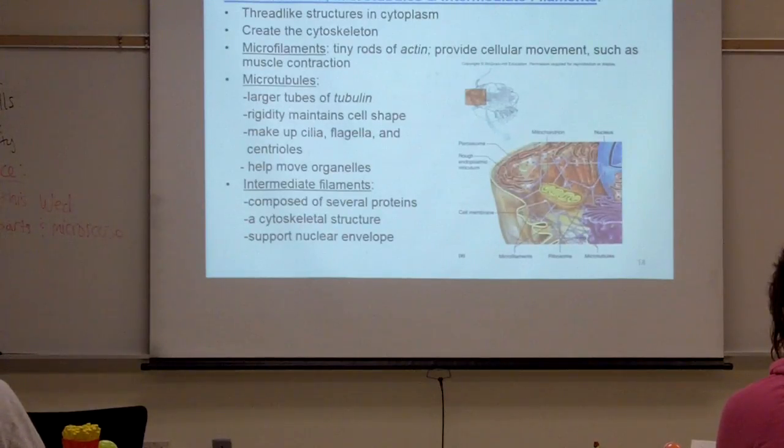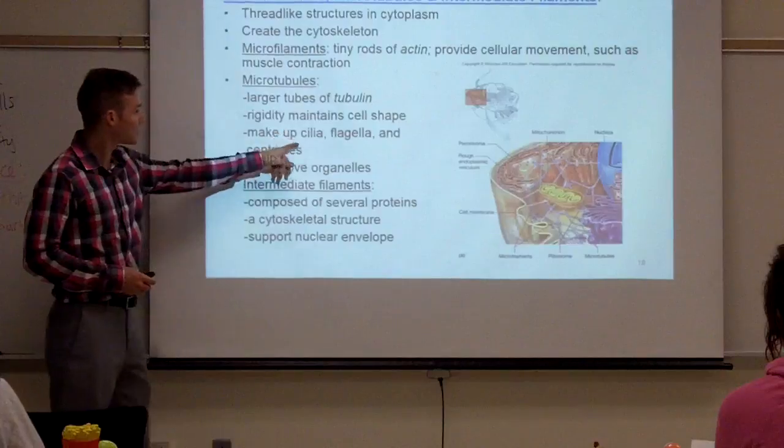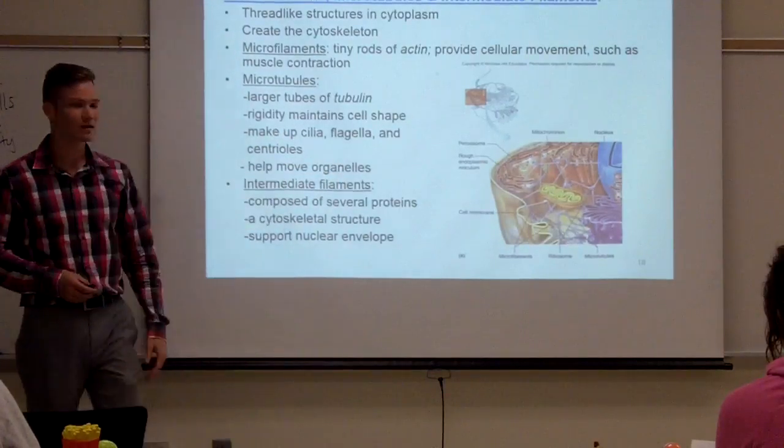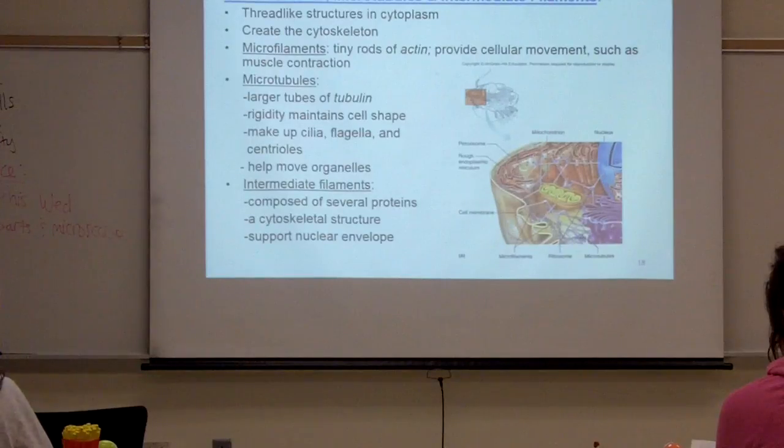Microtubules are a little bit larger. They are built from, as the name suggests, tubulin. Tubulin is actually a molecule that makes up cilia, the flagellum, and the centrioles. So if you cut up a cilia or a flagellum and looked at it, it would be built of tubulin.